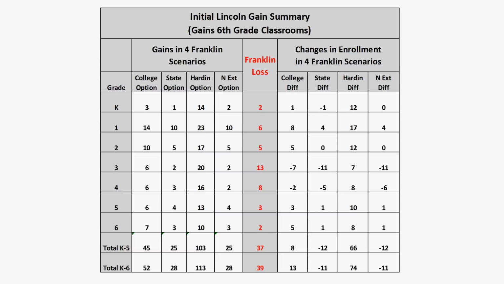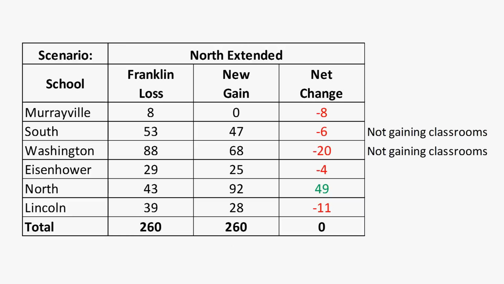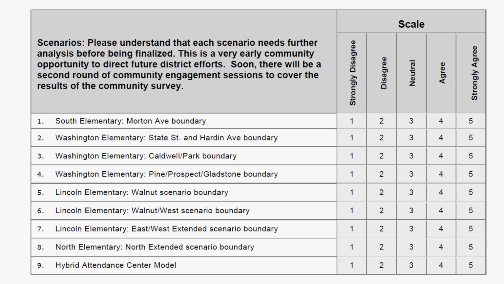This North extended scenario would also result in Lincoln having a loss of 11 students. And here is the summary gain chart for the North extended scenario. The North extended scenario is question number 8 on your survey.